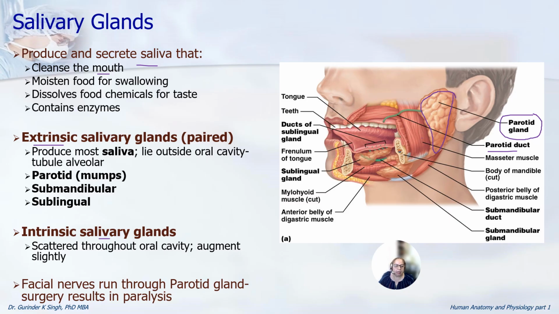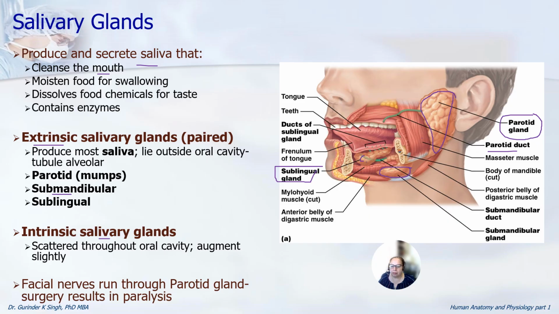The duct opens up near your superior jaw, at the gum. The other extrinsic glands are the submandibular glands, which are underneath the mandible, and then we have the sublingual gland right here.